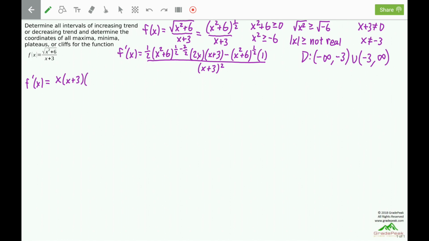And then there's an x squared plus 6 to the 1 minus 2, negative 1/2 power. And then minus the second term in the numerator, which is an expression times 1. Anything times 1 is that same thing. So it'll just be the x squared plus 6 to the positive 1/2.